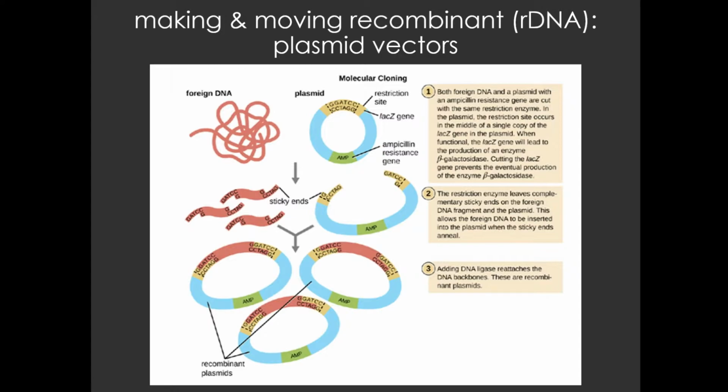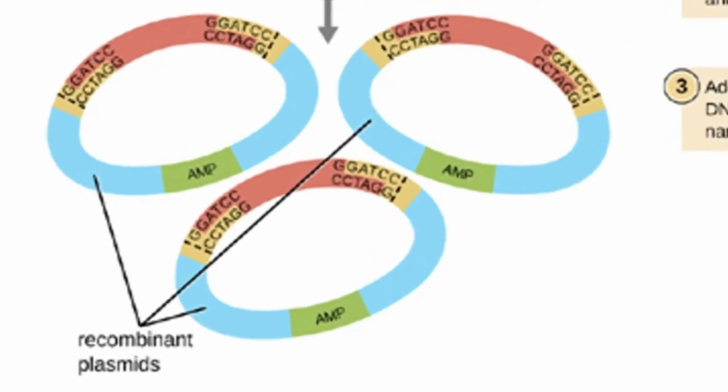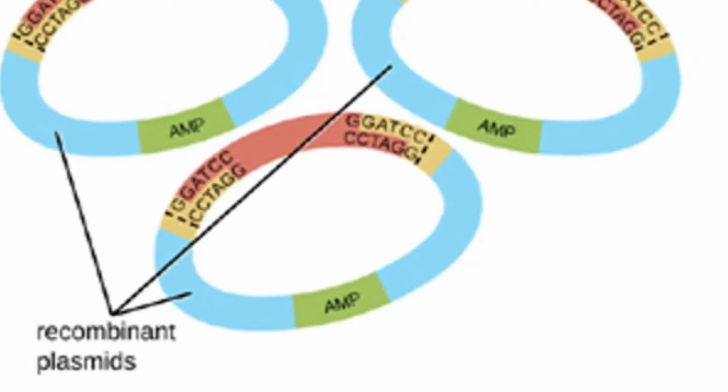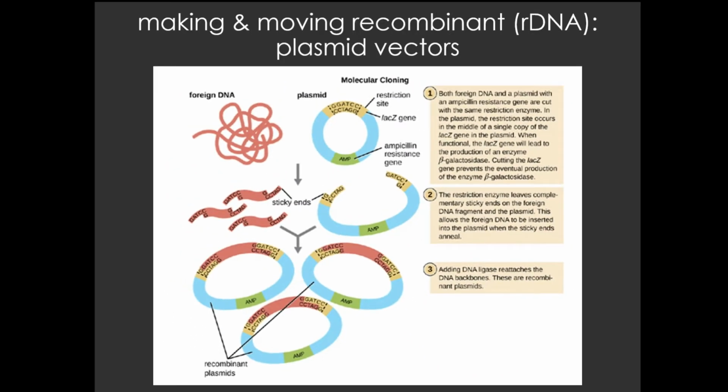Notice that on this plasmid, in addition to that site where that gene of interest is taken in, you have an ampicillin resistance gene. And that ampicillin resistance gene is going to allow us to select for bacteria that have been transformed, because all transformed bacteria, in addition to being able to make insulin, will also be resistant to the antibiotic ampicillin. So all you have to do is grow them in the presence of ampicillin.